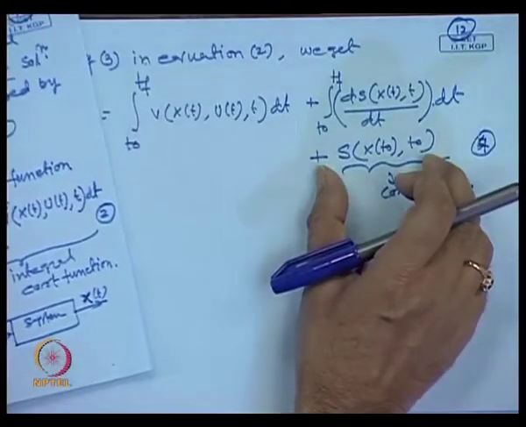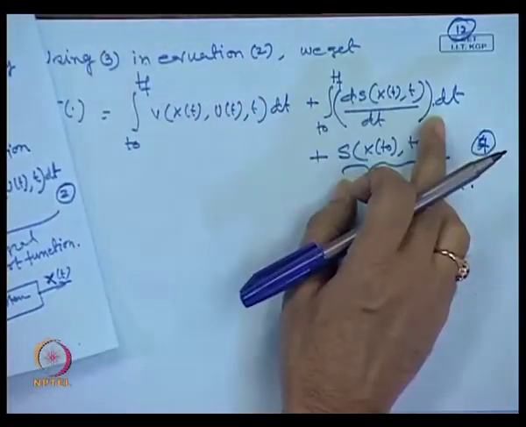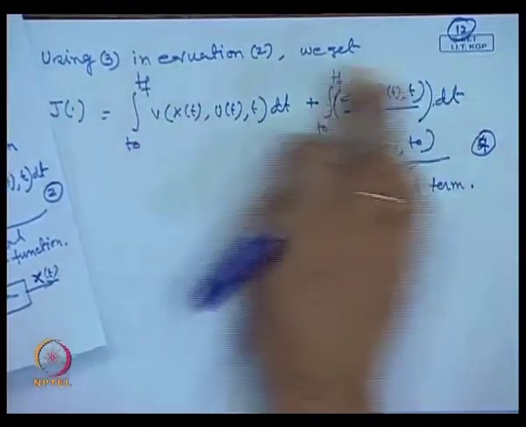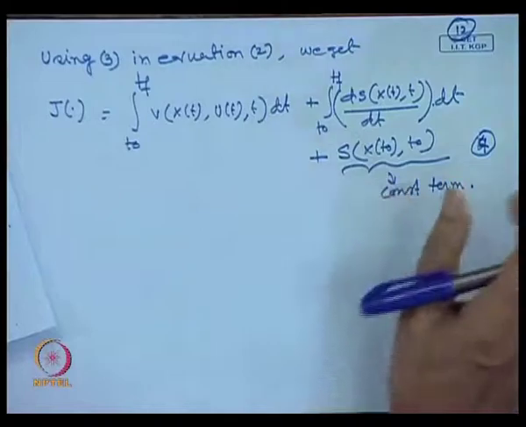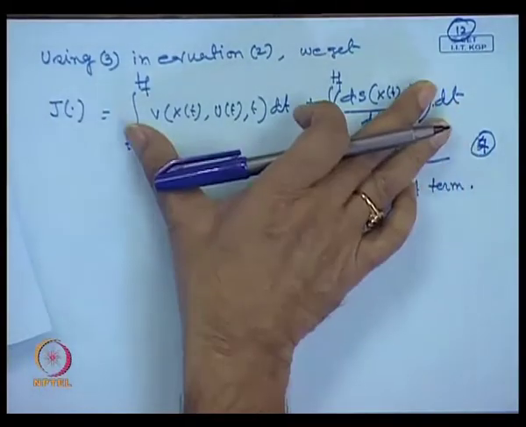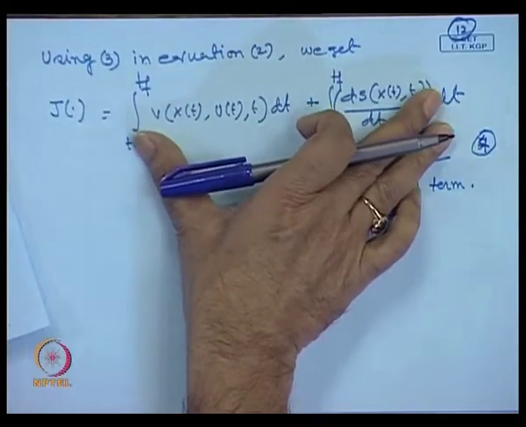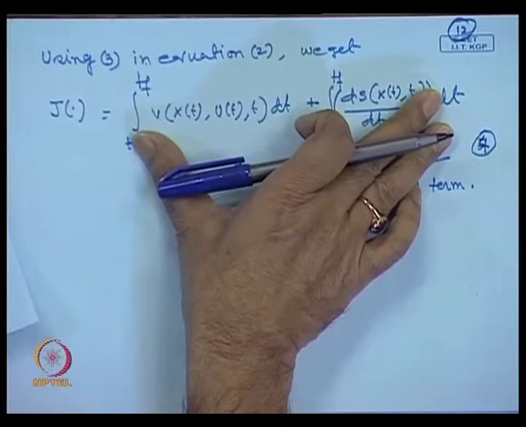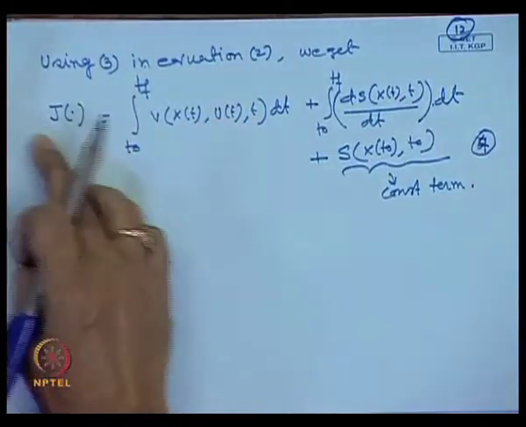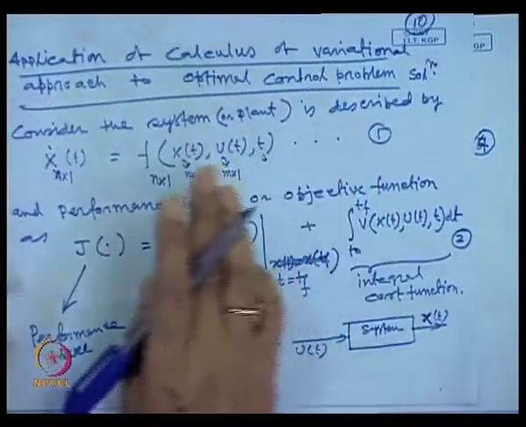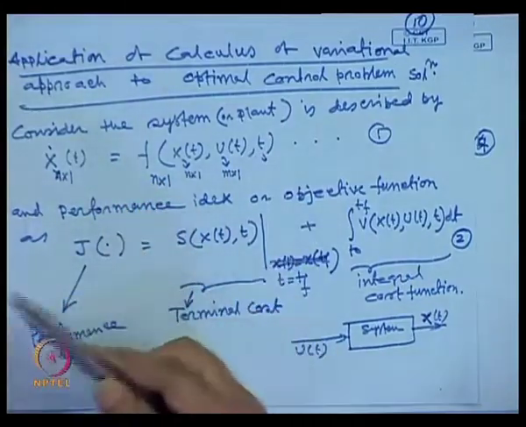Since this is a constant term, the optimal trajectory will remain the same if you consider the minimization of this part only. Whatever optimal trajectory you get for u and x will minimize it as well as satisfy the constraint. So we will stop here. Next class we will continue this lecture in detail.